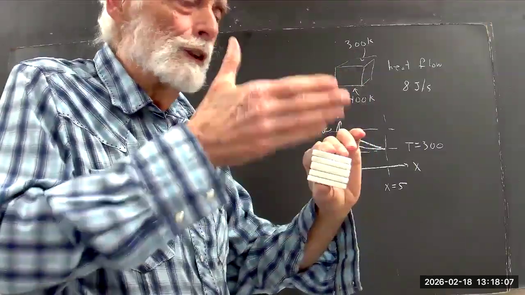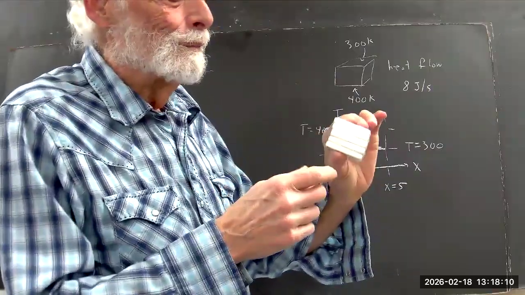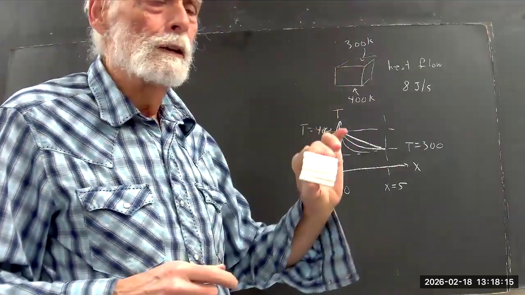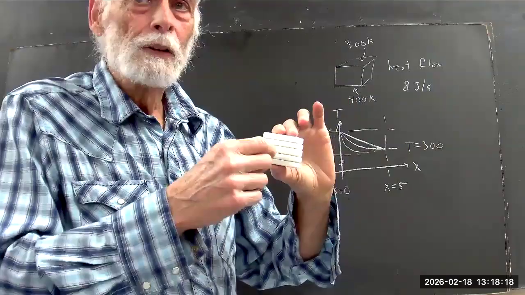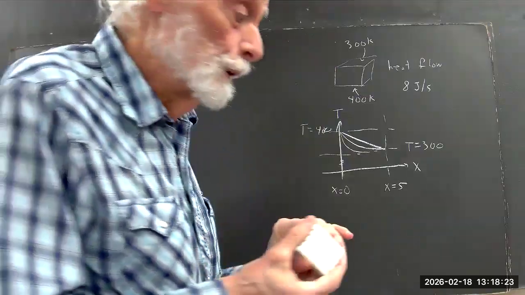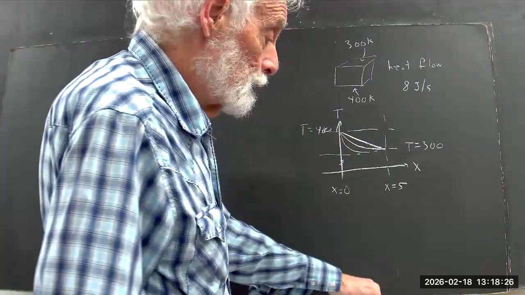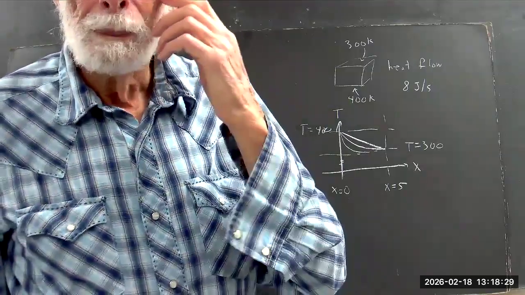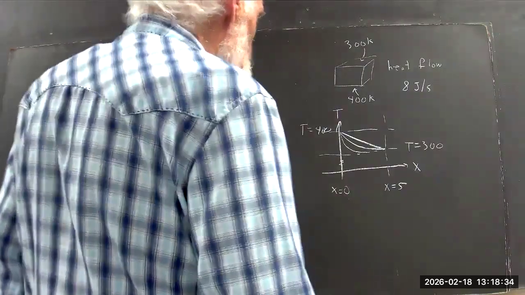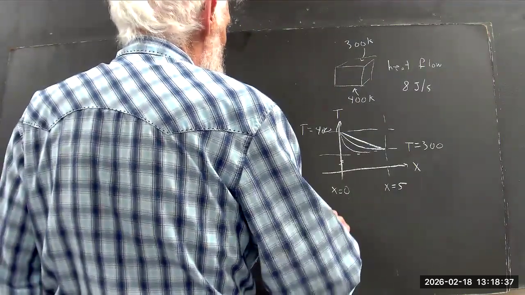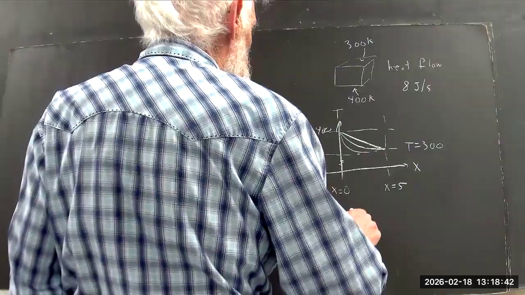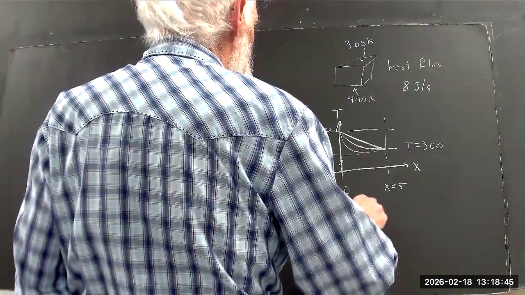But if you have a steady state, and again, disregard the fact some dominoes are a little thicker than others, the temperature change across every domino has to be the same as across every other, because the rate of heat flow is proportional to the temperature gradient. Fair enough? Okay, so we first get that idea. So let R be the rate of heat flow. We're just going to say it's proportional to the temperature gradient.